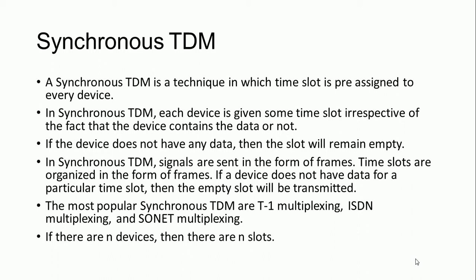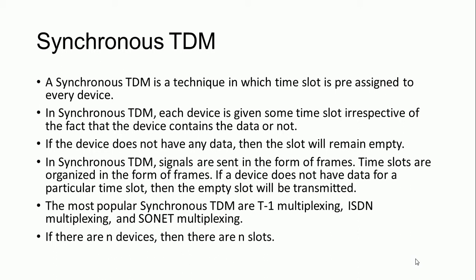In this technique, signals are sent in the form of frames. Time slots are organized in the form of frames. If a device does not have data for a particular time slot, then the empty time slot will be transmitted over the network. The most popular synchronous TDM are T1 multiplexing, ISDN multiplexing, and SONET multiplexing.